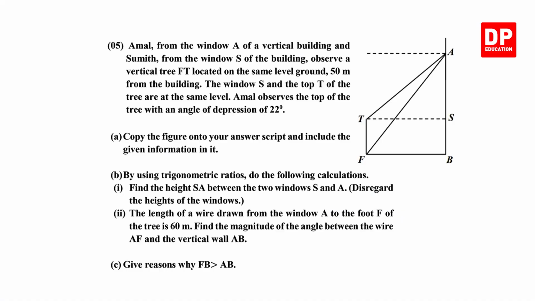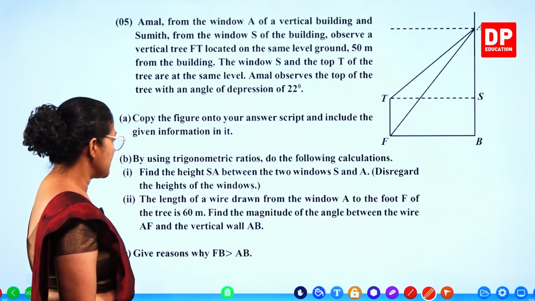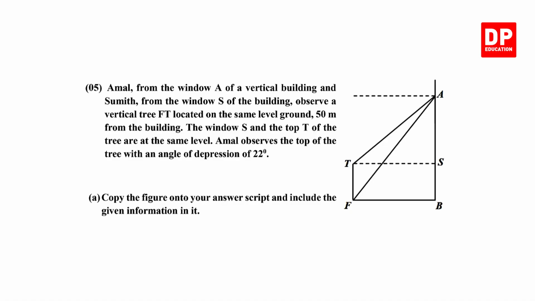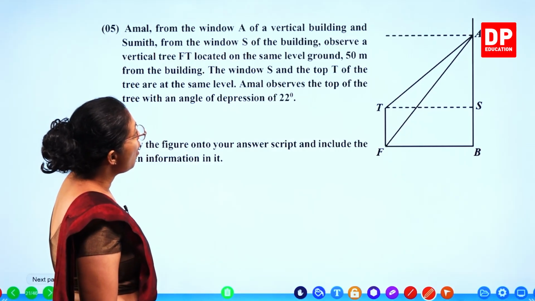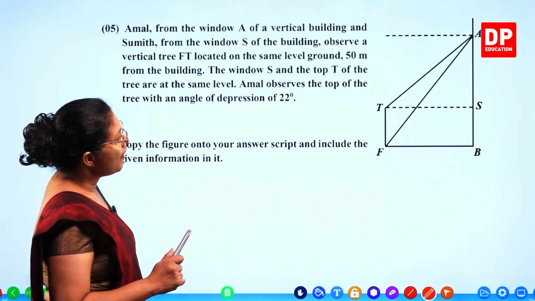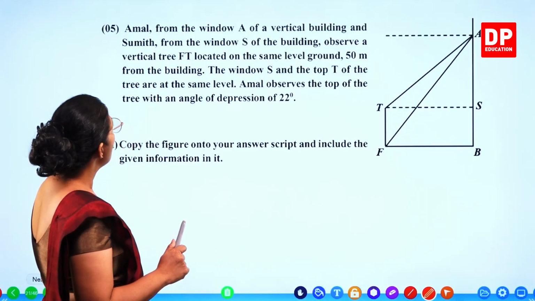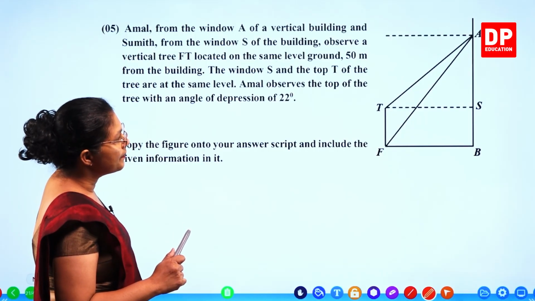Let's take question number 5. It's about trigonometry. There's a diagram and you have to refer trig tables to find out solutions. Amal from the window A of a vertical building and Sumit from the window S of the building observe a vertical tree FT located on the same level ground 50 meters from the building.